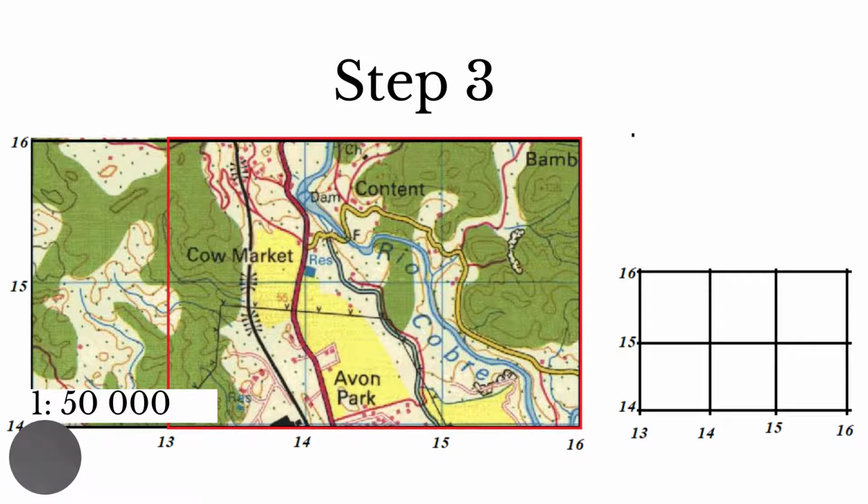And on a 1 to 50,000 map, the grid lines are spaced 2 centimeters apart. So because we are making our sketch maps at half the size of the original map, we are going to space our grid lines at 1 centimeter intervals.